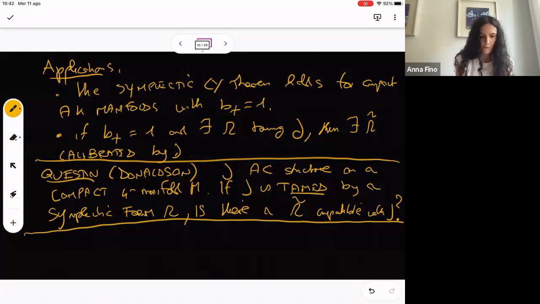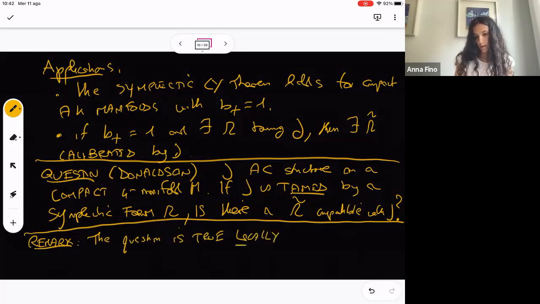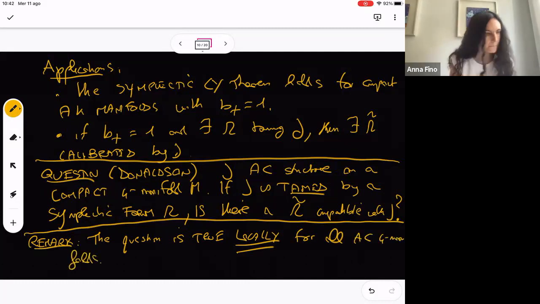If you look at the question locally, the question is true locally, be careful, for all almost complex manifolds. This is not a problem, okay?